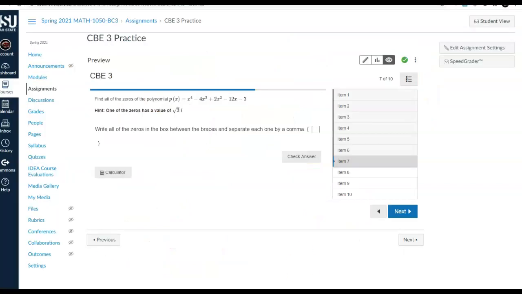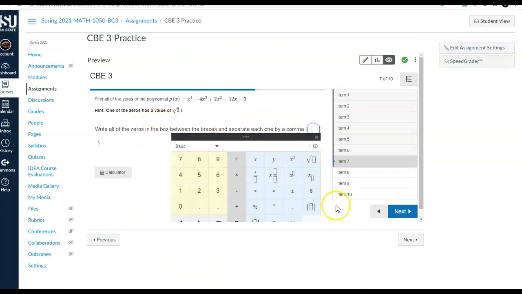So when I go to enter my solution, I have to separate them with a comma for all of them.